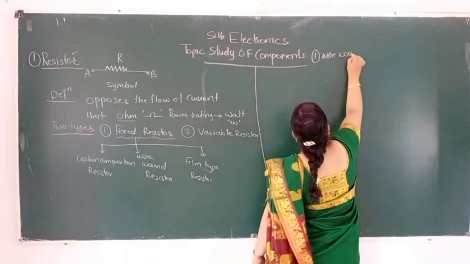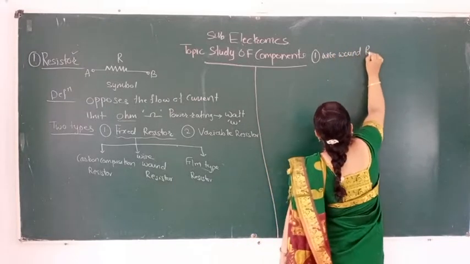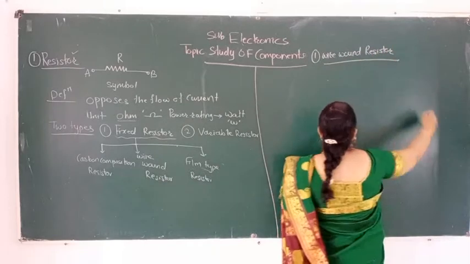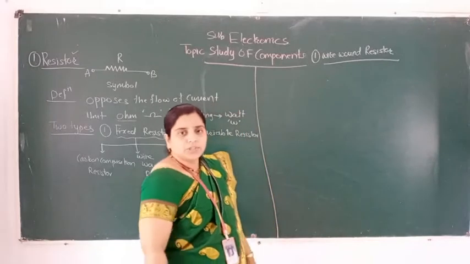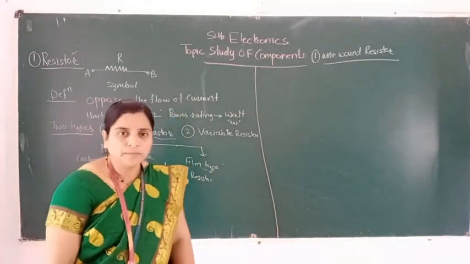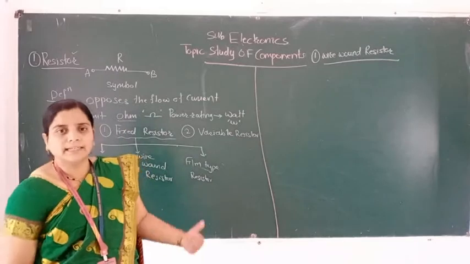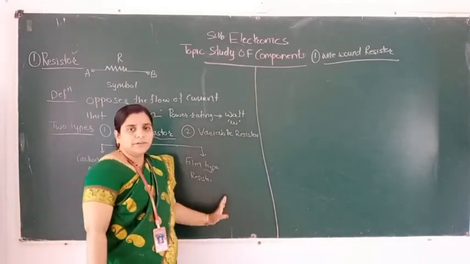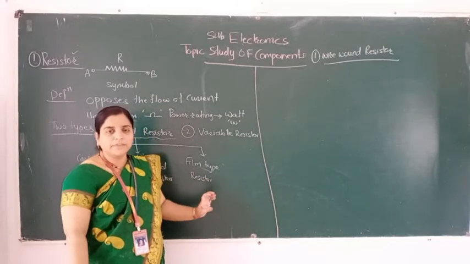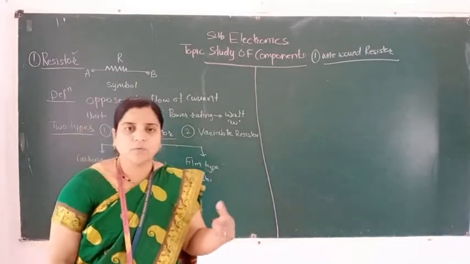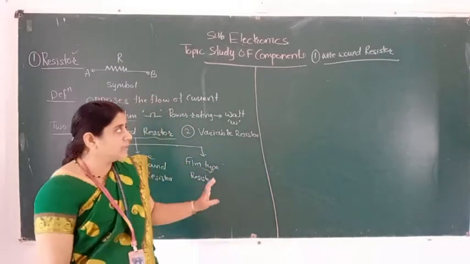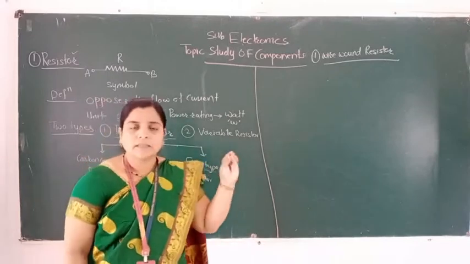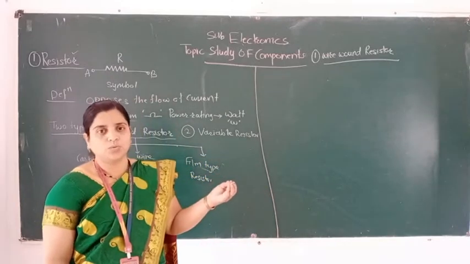Which resistor is it? Wire wound resistor. Dear students, this subject is new for you. If you had electronics in 9th and 10th standard, then it will be over there. If the student did not have electronics in 9th and 10th standard, then this part has been completed in science 2, EVS 2.